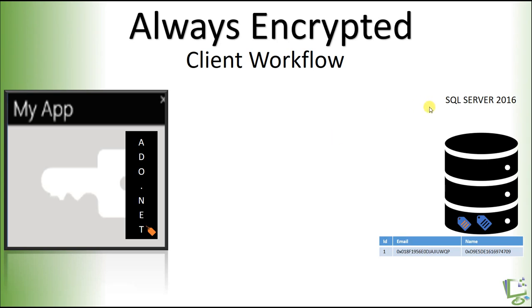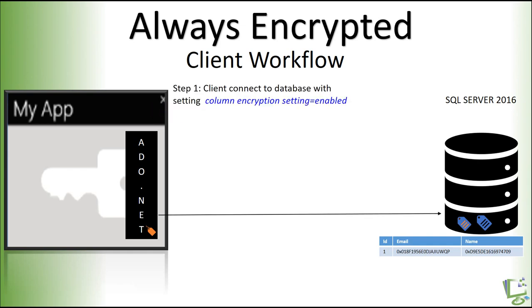Now on SQL Server 2016 the data is encrypted, and the client application that wants to work with the data and query the data connects to SQL Server with a special setting, that is Column Encryption Setting equal to Enabled. We can specify this attribute in the connection string when we create the connection to SQL Server using ADO.NET.